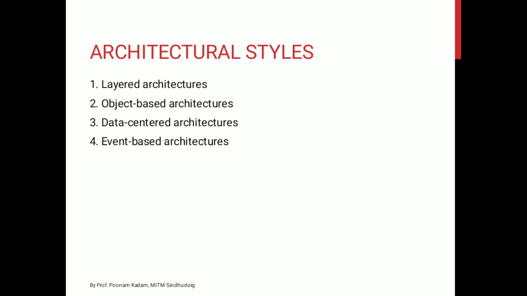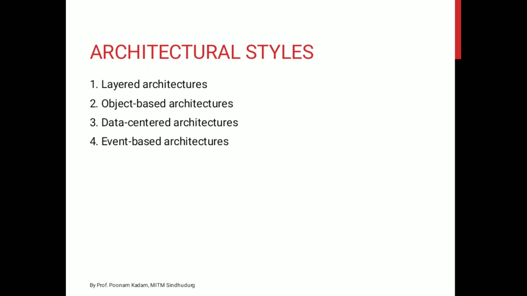While talking about architectural styles, we need to first consider the logical organization of a distributed system, and that logical organization consists of software components. This is referred to as software architecture. As software components are arranged, it is called software architecture.